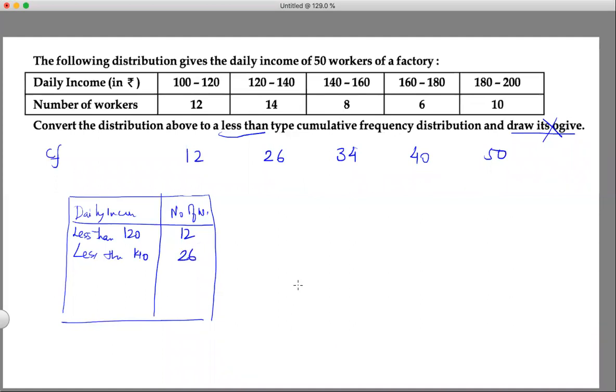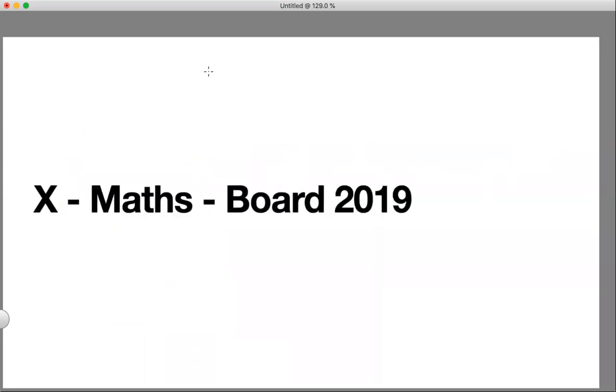Remember to use the upper limit in the less than. Ogive we don't have to draw. So that was it. Now we can continue with the next board paper for revision. That paper is over. There were a couple more questions on frustum and other things, and I did not include those.